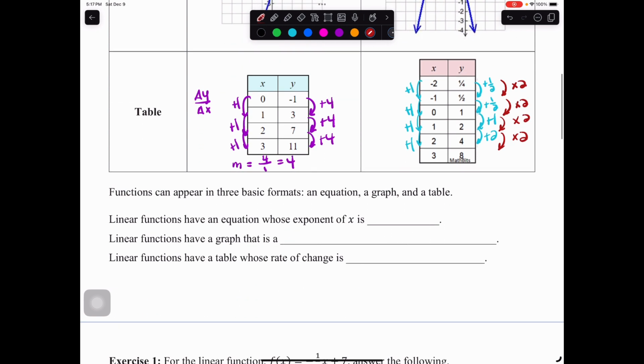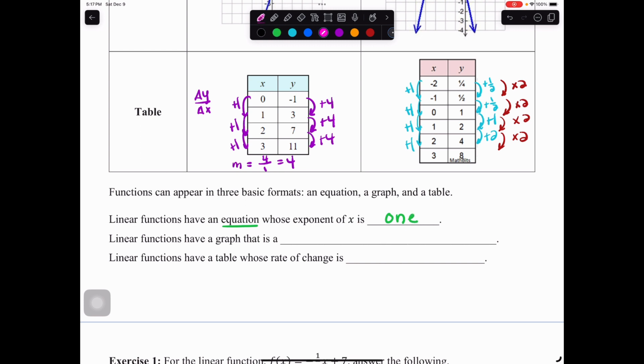So to summarize, functions can appear in 3 basic formats. So remember, we can have an equation, a graph, and a table. When it comes to the equations, as we said up top, a linear function is going to have an equation whose exponent is 1.